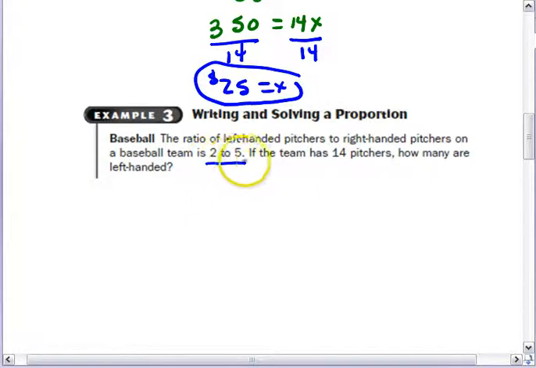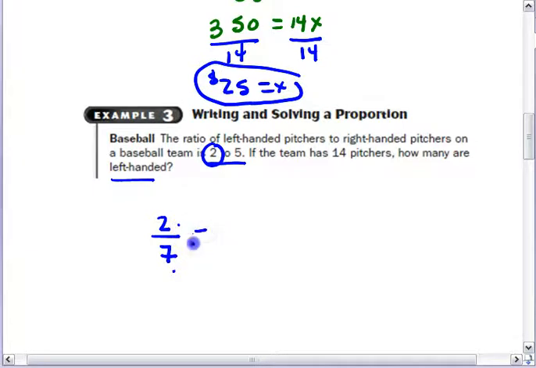So for this situation, I have a total of 7 pitchers. We want to know how many are left-handed, so I'm going to focus on the number of left-handed pitchers, or 2. So out of 7 pitchers, I have 2 left-handed pitchers.